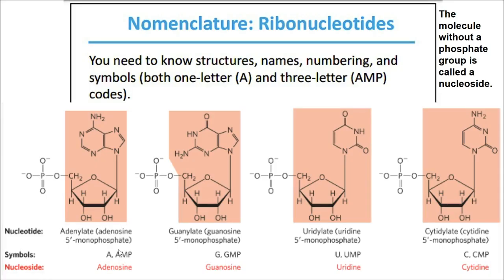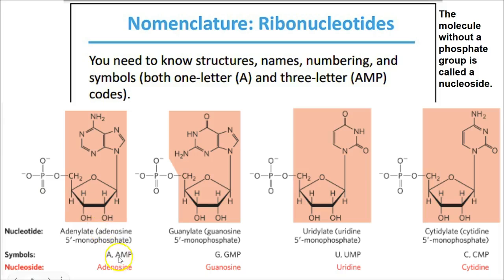And then as far as the nomenclature for a ribonucleotide, you need to know the structures, names, numbering, and symbols, such as the one-letter and three-letter codes. Right here you have an example of adenylate, which has a one letter of A and then AMP. The M stands for mono, and P is phosphate, so there is only one phosphate group.